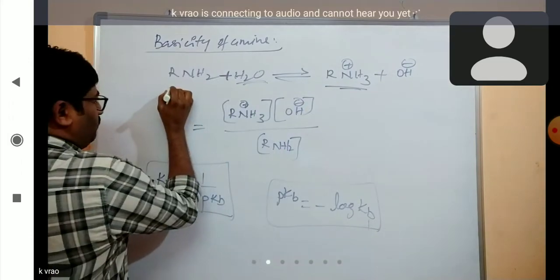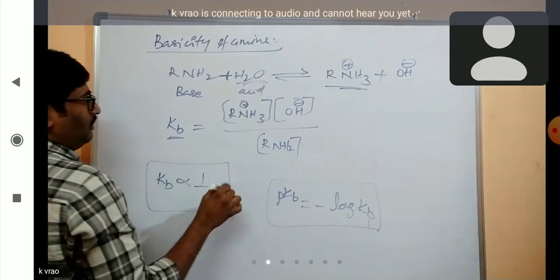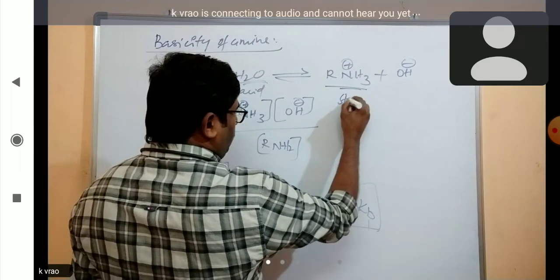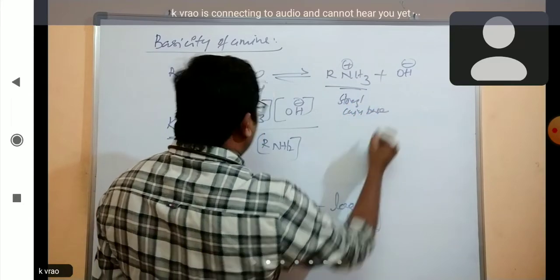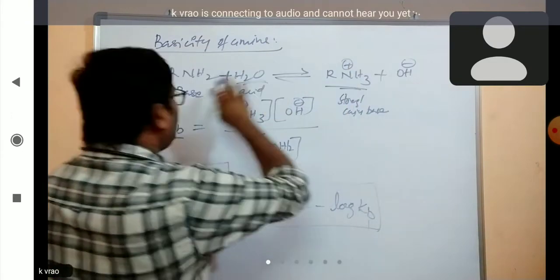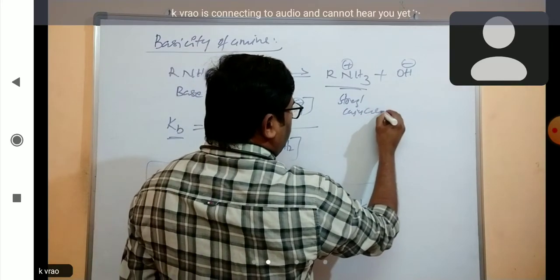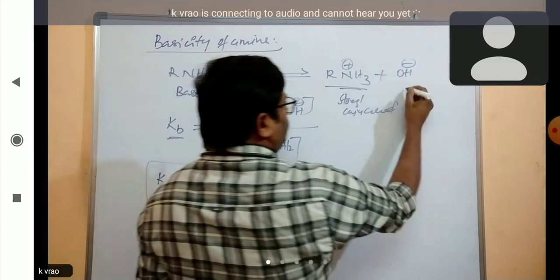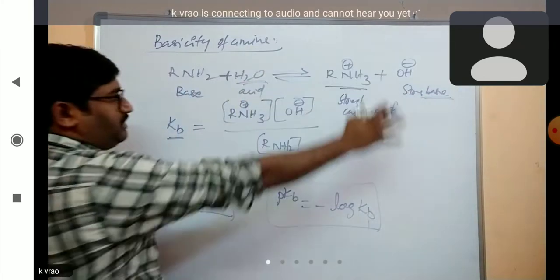This is a base, and this one is the conjugate acid. A weak base has a strong conjugate acid, and a weak acid has a strong conjugate base. Right, this is a conjugate acid base pair.